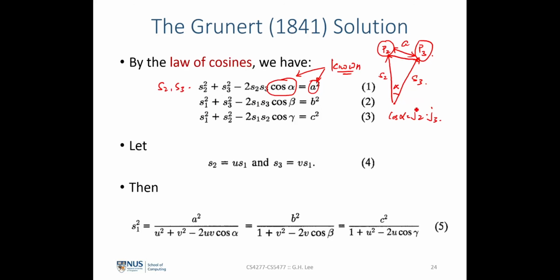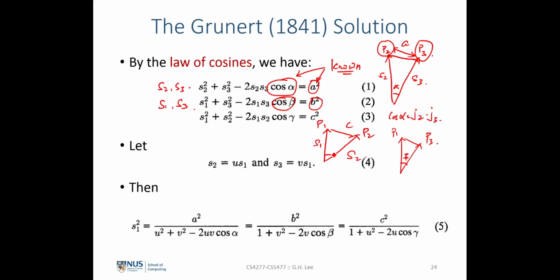which are the depths. So we can do this for the other two triangles that are created by the other pairs of points, namely P1 and P3. So here the angle would be beta, and we can do the same thing. Cosine beta and the distance between P1 and P3 are all known, and the unknowns here would be S1 and S3. Similarly for the third pair, the angle between the two points P1 and P2, we know that the distance here, which we call C, is known, whereas the depths S1 and S2 are unknown.